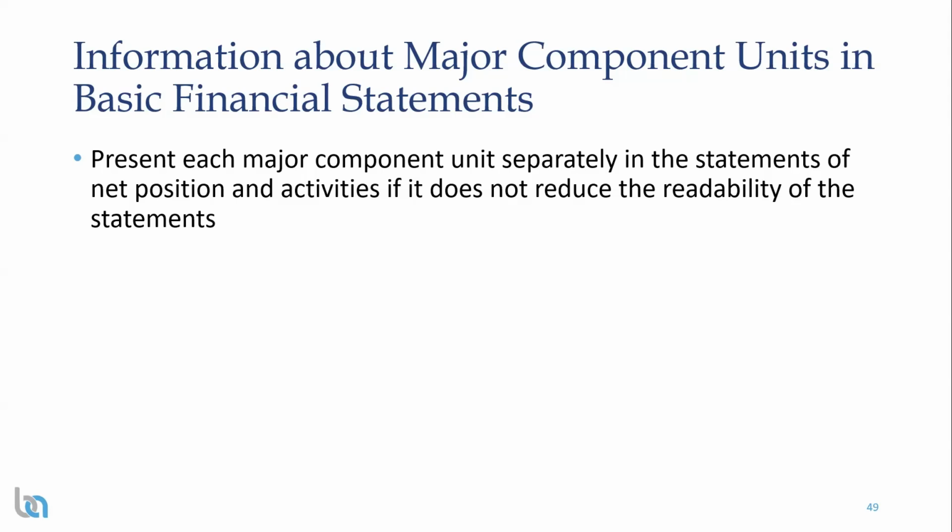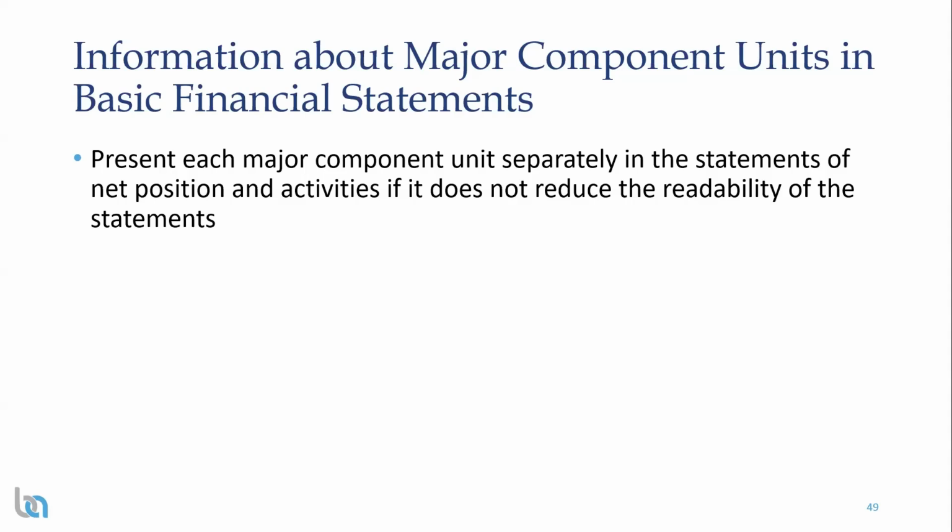If you have multiple component units, you're supposed to present each one of them in a separate column, the major ones. And again, for the definition of what's major, go back to GASB 14: what's relevant to the financial statements, the relationship to the primary government. But it can get really messy.